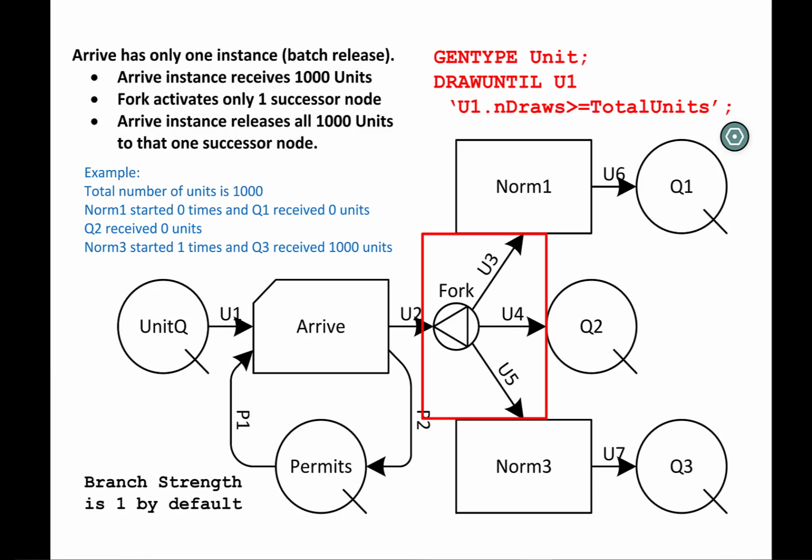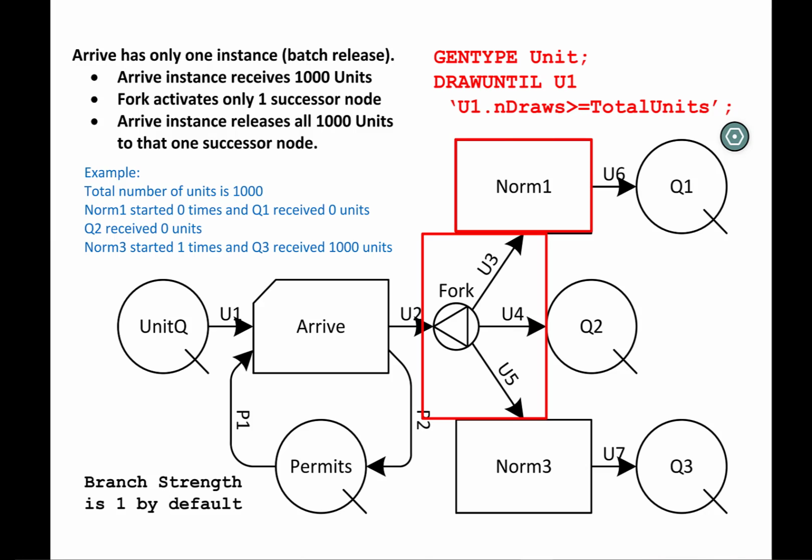In this case, the branch strength is the default, which has the value 1, so each outgoing link has a probability of 1/3 of being selected. Through random sampling, the fork will select one of the 3 links and will send a message to the successor node to get in context.